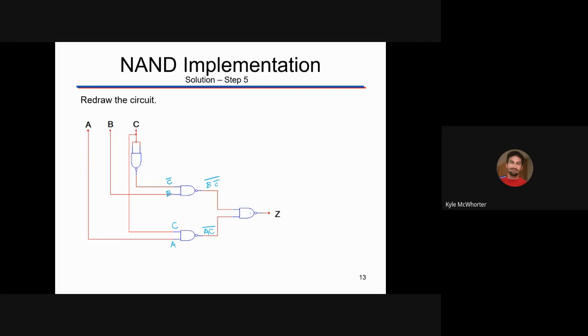So now, coming out of this NAND gate, the AND part is going to put the not AC and not B and not C. The AND part will AND them together, and then the bubble part will put an inverter over both of them.